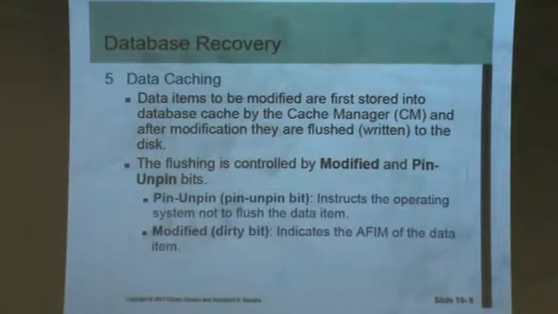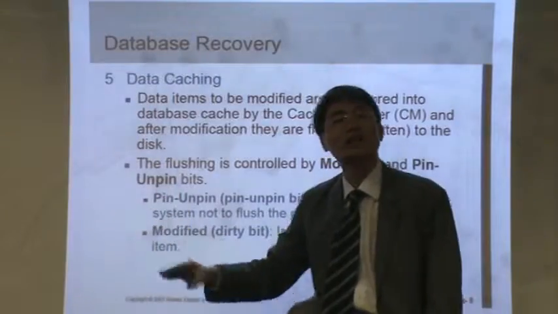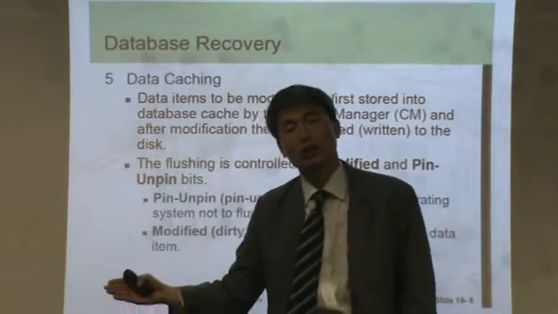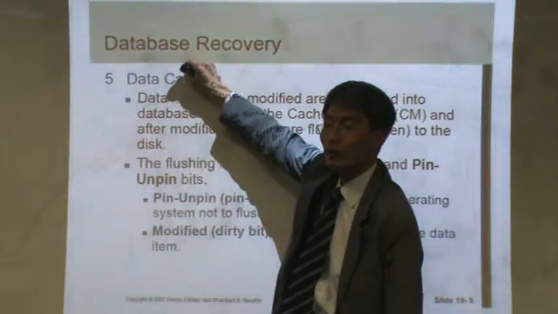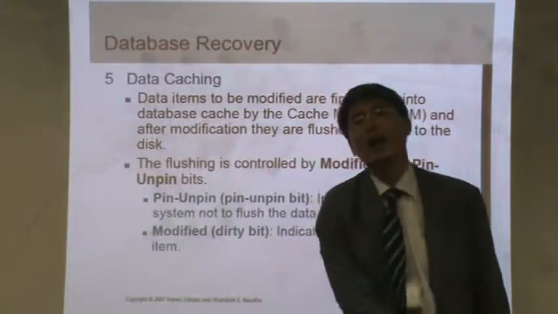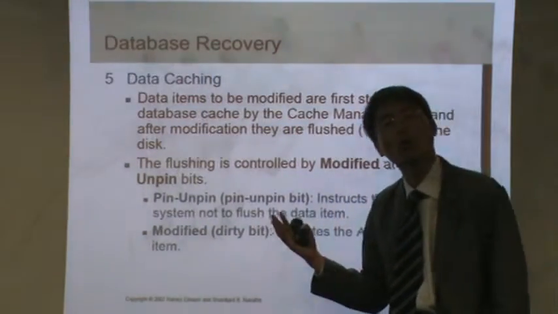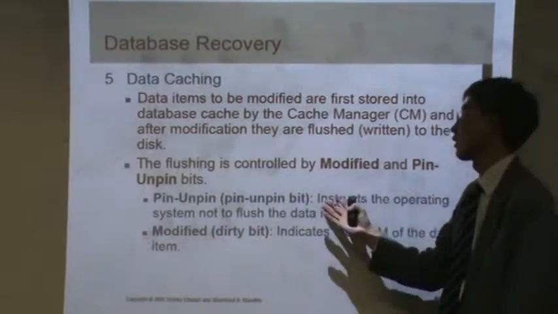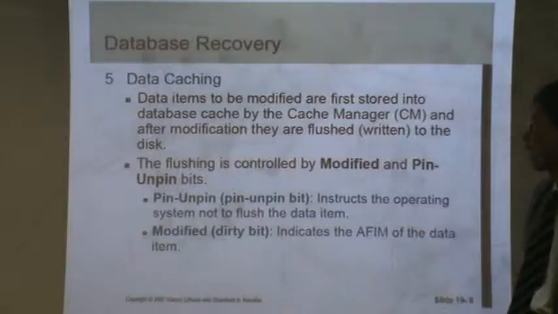That means if you pin a specific block, it will not be flushed. It's like a pin on your bulletin board. So you cannot take it out, you cannot flush it out. Unpin means the buffer manager can apply such a change to the hard disk drive.